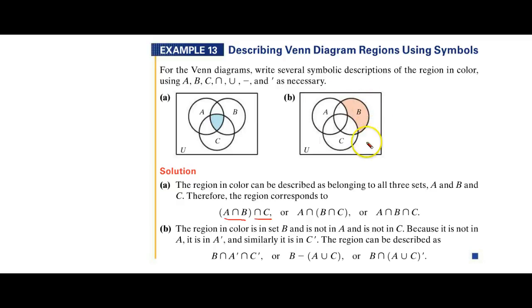So in looking at example B, we notice that B is shaded.